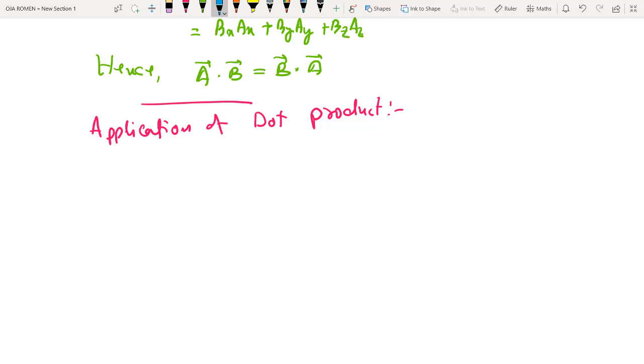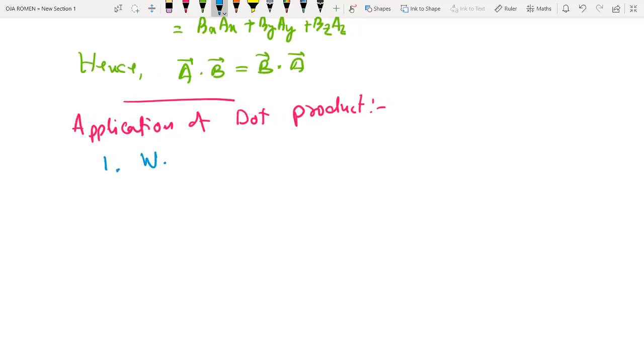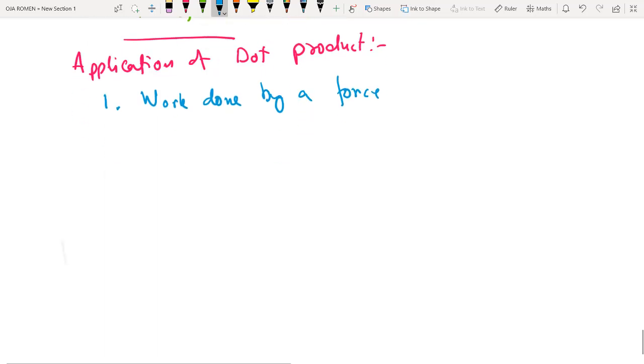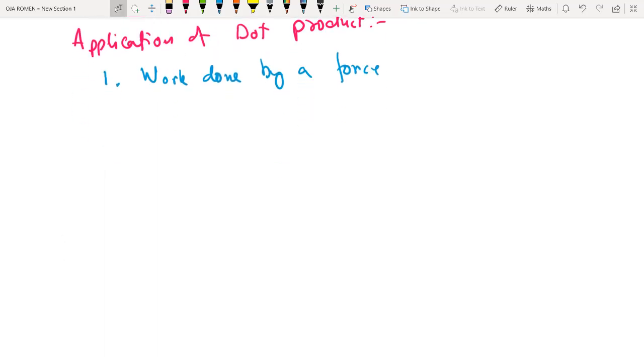Application of dot product in physics. Number one, work done by a force. By work done, what do we mean?